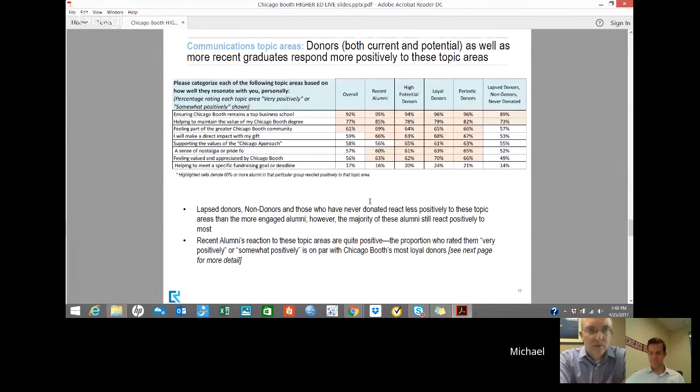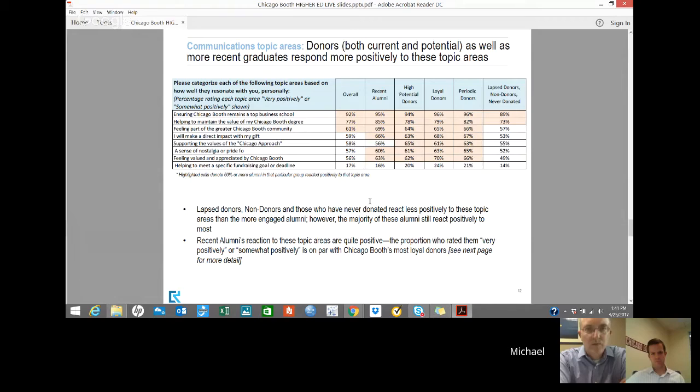More specifically, this is the same question, however, broken out by 5 of the key groups of people that Adam wanted to look at during the course of the project, including recent alumni, high potential donors, etc. You'll see that across the board, the ones highlighted in pink first off are people where 60% or more of that group rated that highly. But you also see that the percentages fall in basically almost the exact same order.